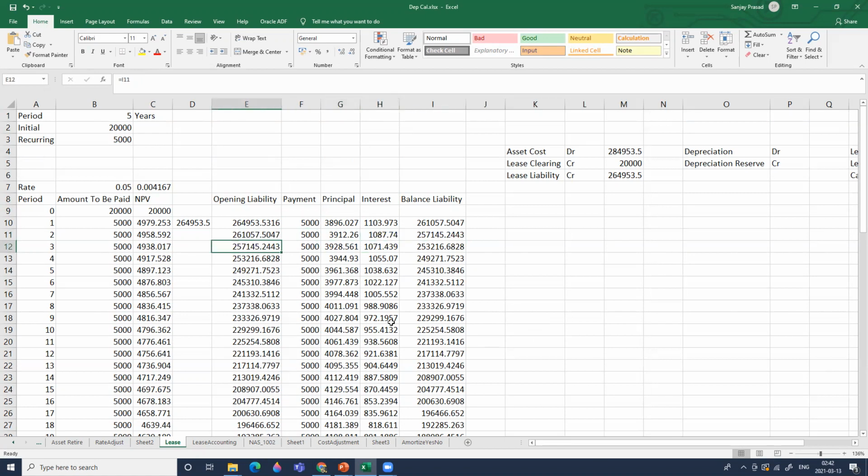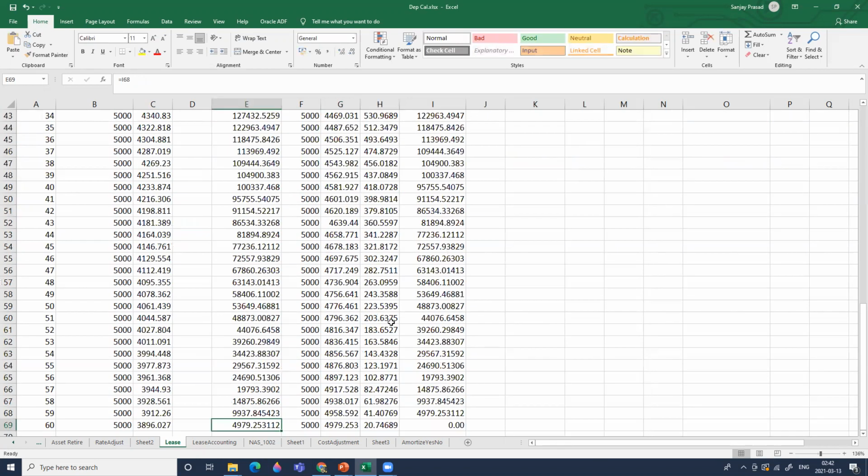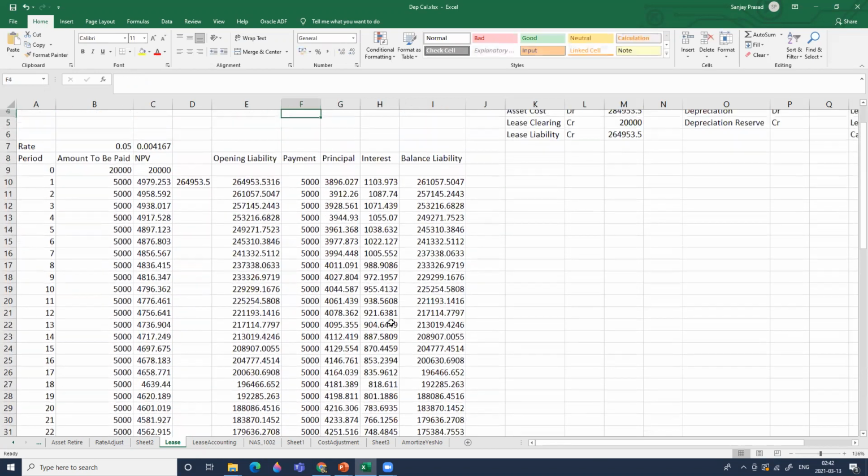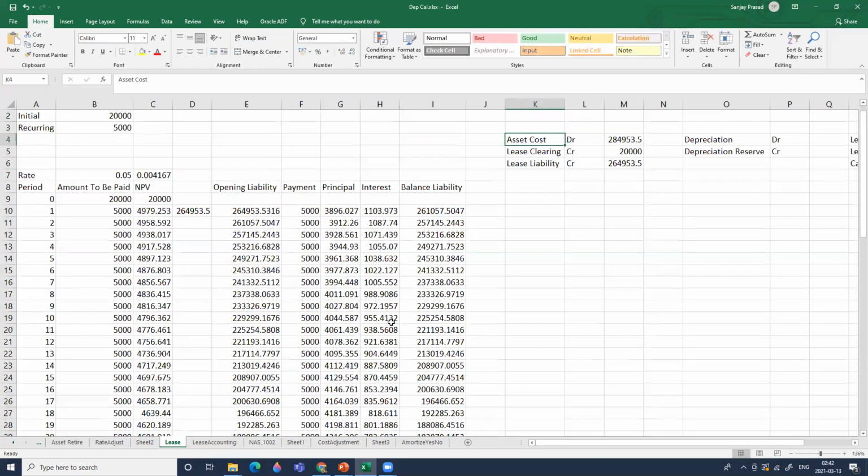This is how it will keep on happening. If we do this for the next 60 periods, at the end of the lease agreement, my lease liability will become 0. That is how this complete accounting entry gets set off, or cleared off.